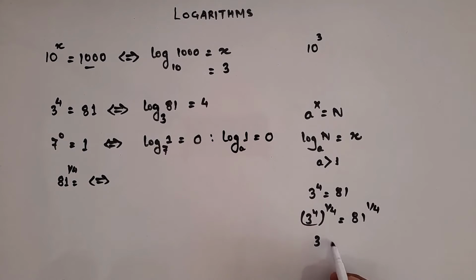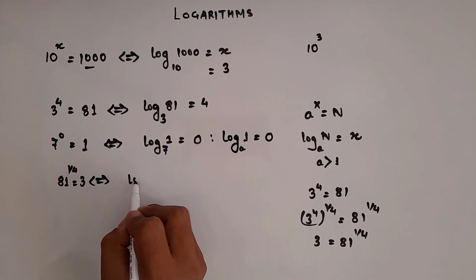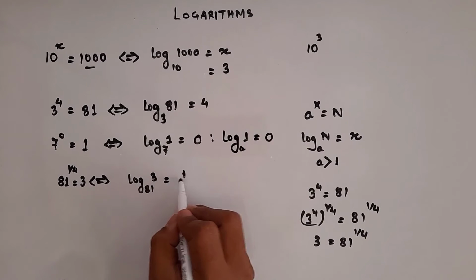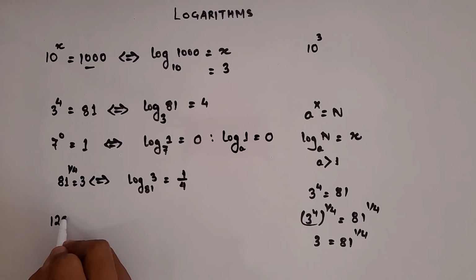So that should give us 3 equals 81 raised to the power of 1/4. So this is equal to 3. So we can say the logarithm of 3 to the base of 81 should give us a quarter. Similarly, you can check it out. 128 raised to the power of 1/7 is equal to what?